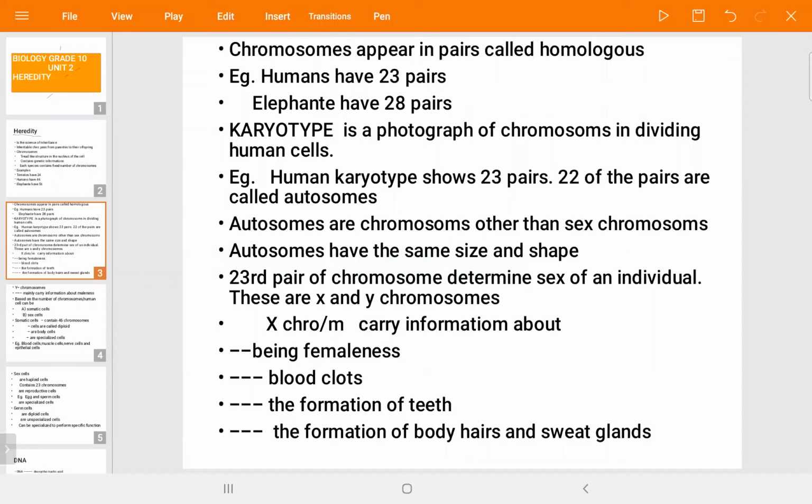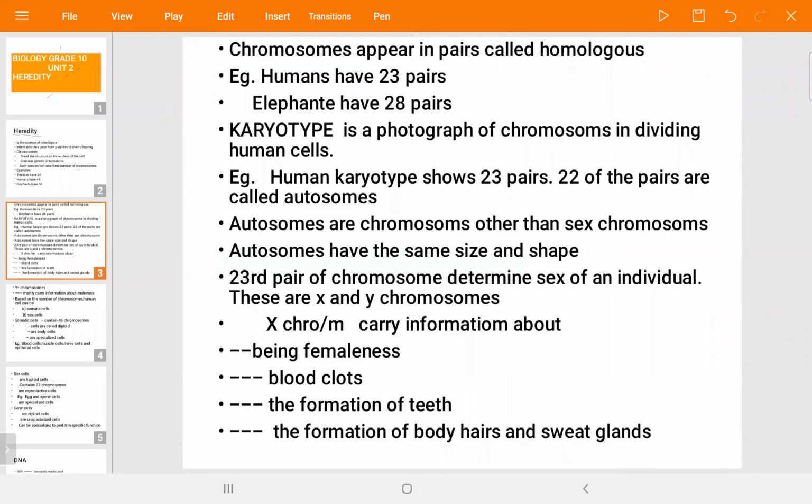Then the human karyotype shows what? 23 pairs. Very important. The human karyotype shows 23 pairs. Each of the 23 pairs contains a chromosome that comes from the father and a chromosome that comes from the mother.